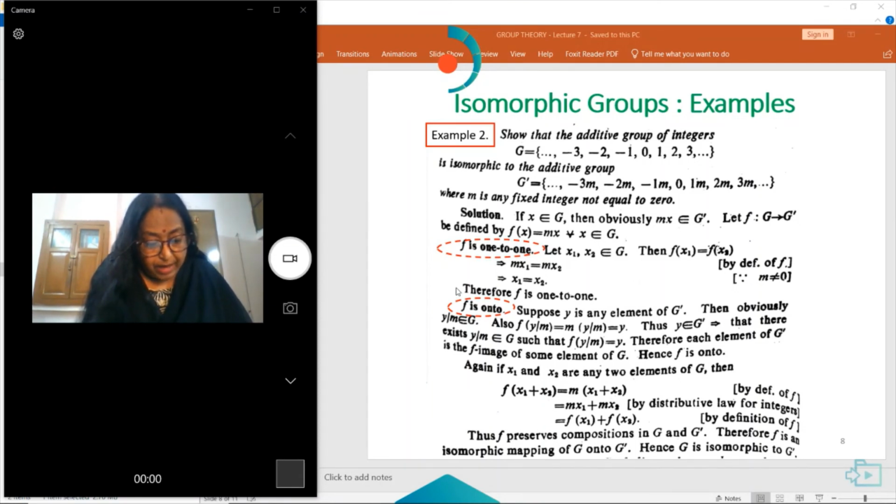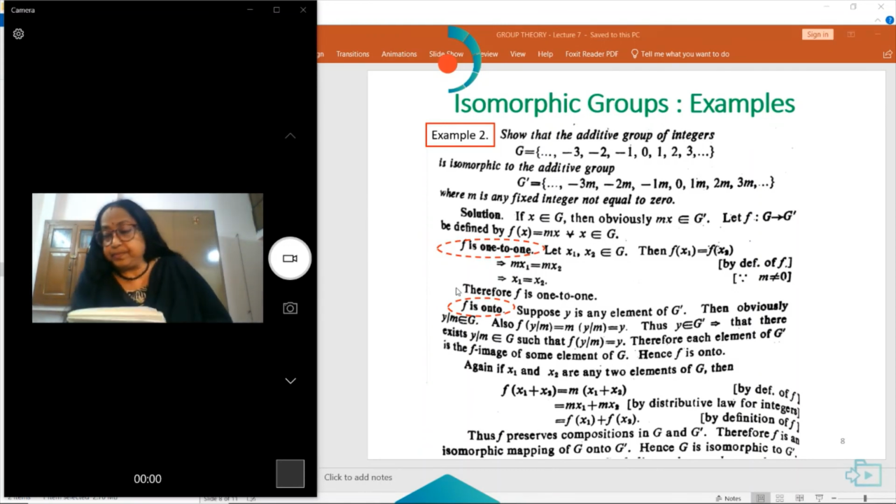Then y by m belongs to G, where m is any fixed integer not equal to 0. Then f of y by m is equal to m into y by m, so this is equal to y, and this y belongs to G dash. Each element of G dash is the f image of an element of G, hence f is onto.